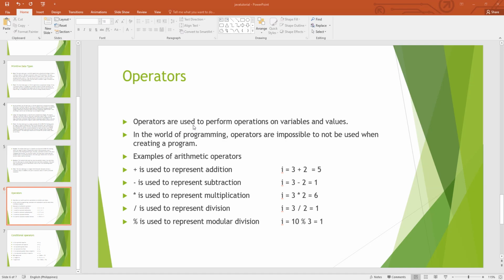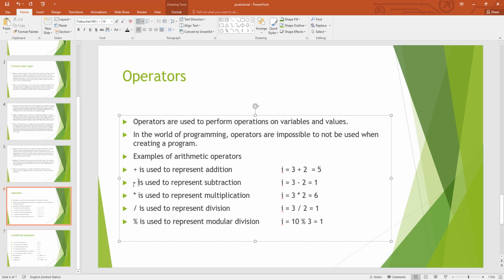Today I'm going to discuss examples like arithmetic operators and conditional operators. For the first operator we have plus. We use the plus sign to represent addition, as seen in the example here: i is equal to 3 plus 2, so it's equal to 5.